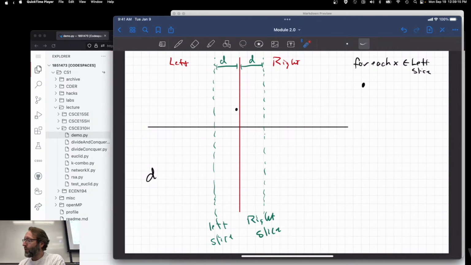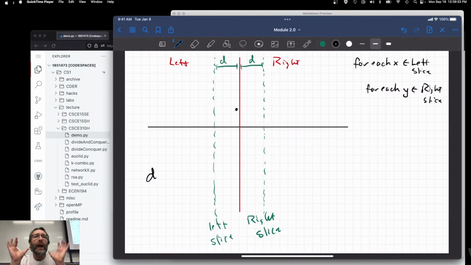So for each point in the left slice, all I need to do is concentrate on each y in the right slice. But that still doesn't buy me everything. What if every single point in the right partition was all crammed down into that one slice? This is going to be n over 2, but it would still end up being n over 2.